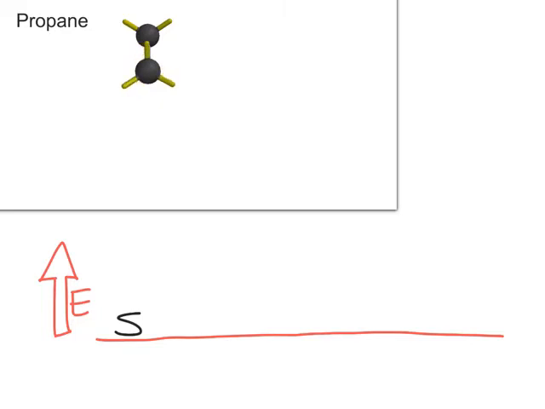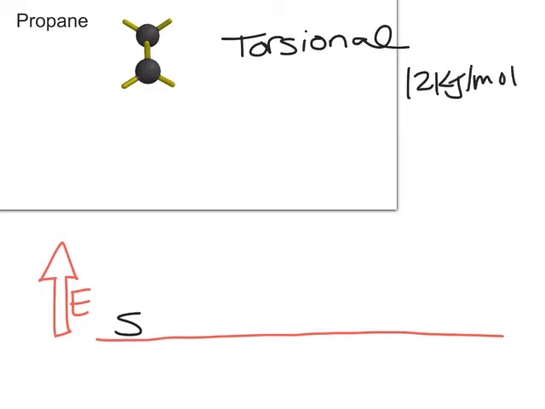And there we are. At this point, not only do we have the torsional strain that we described for ethane, and that's no different, we have 3 sigma bonds aligning with each other, and that gives us 12 kilojoules per mole of strain energy. And we got that by understanding that we had 3 torsional values to add up.